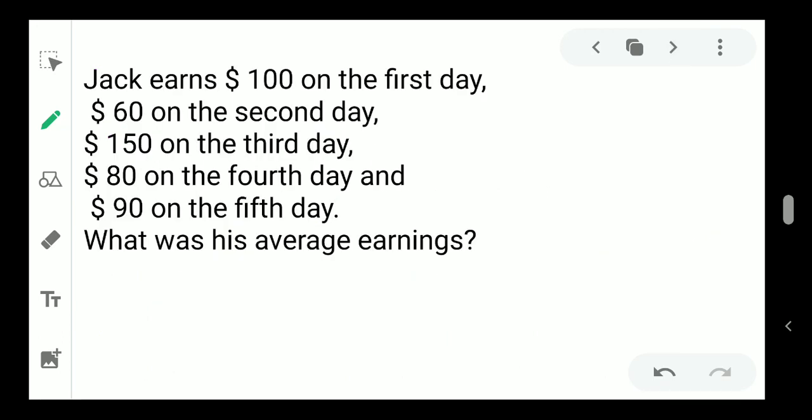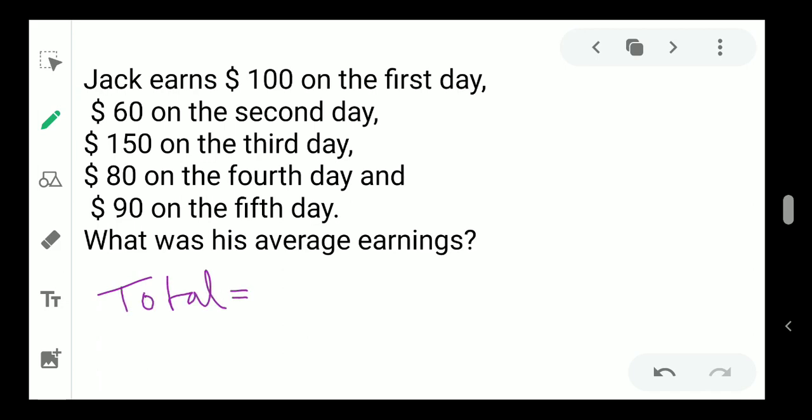Okay, now moving to the next question. The next question is also very easy, so we will do more questions like this. Jack earns $100 on the first day, $60 the second day, $150 the third, $80 the fourth, $90 the fifth. What is his average earning? It's very easy. You have to do the total of all, right? So let's do the total.